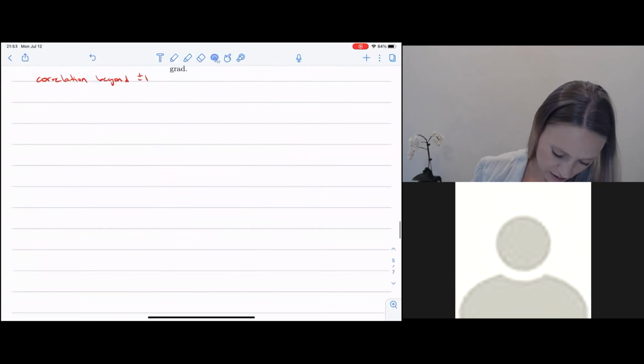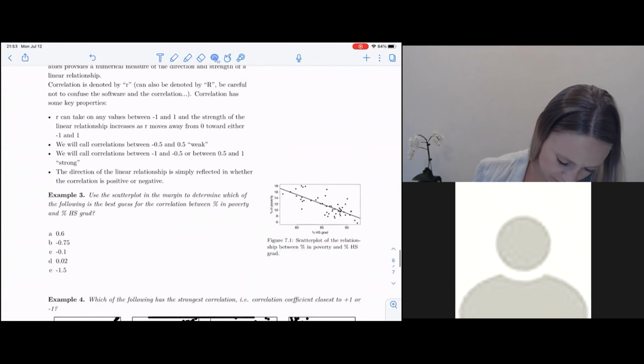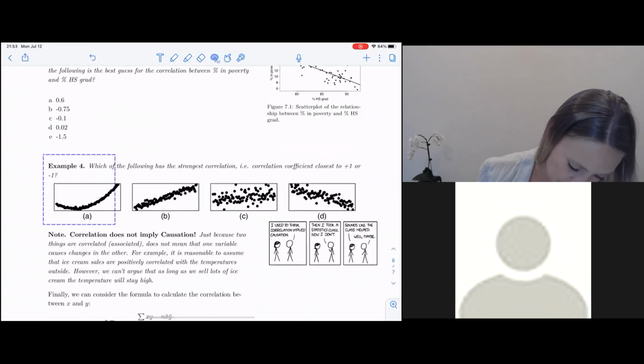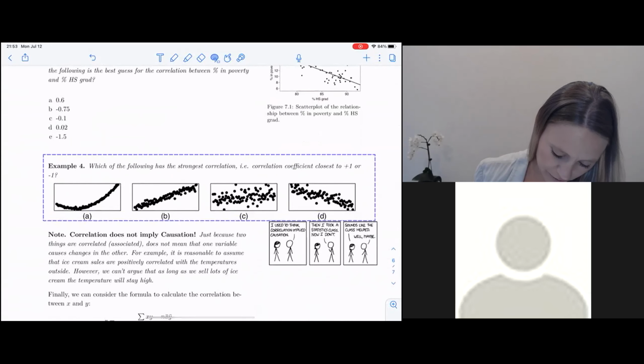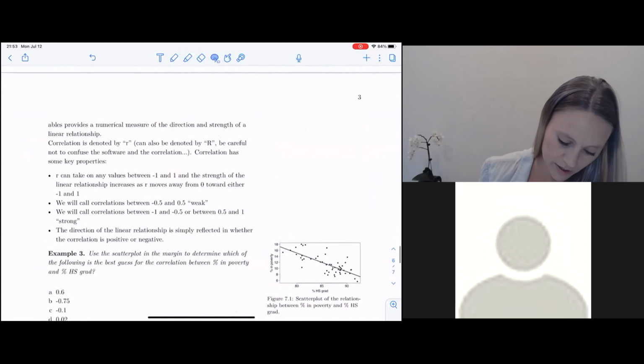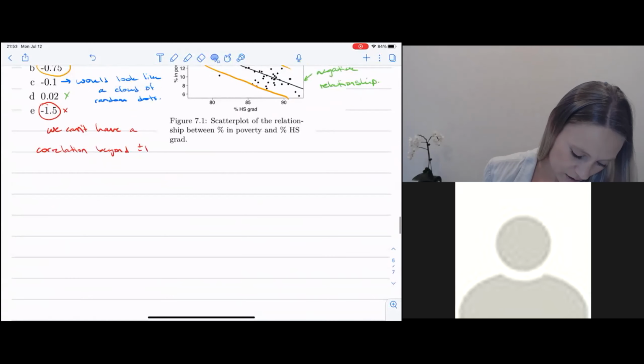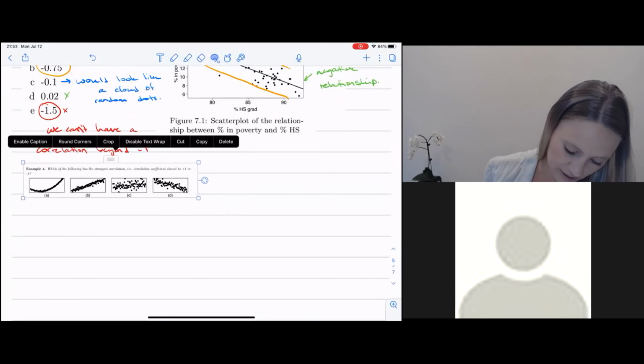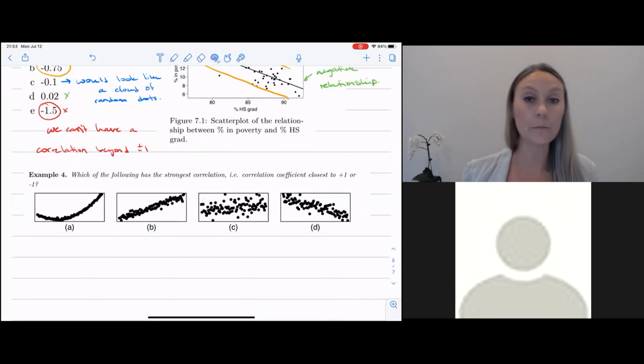So good. I've got another example down here, I'm pretty sure. Yeah. Which of the following has the strongest correlation? All right. So we know the correlations of negative 1 and positive 1 are our strongest correlations.